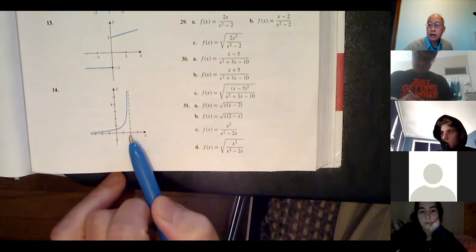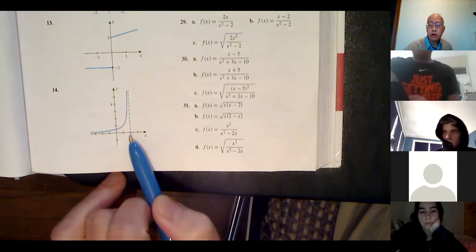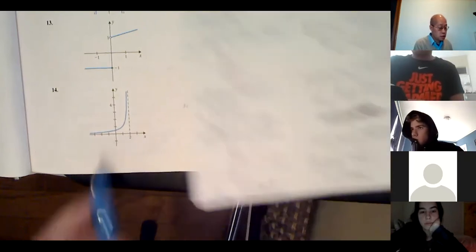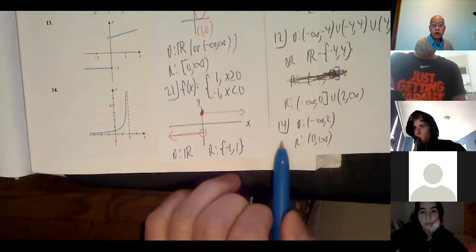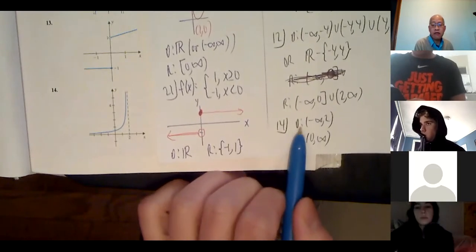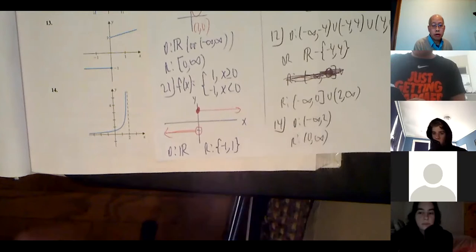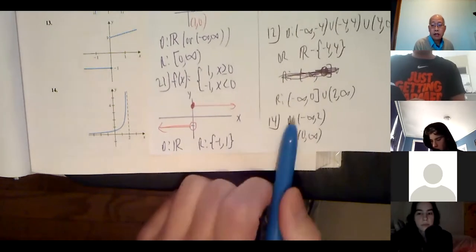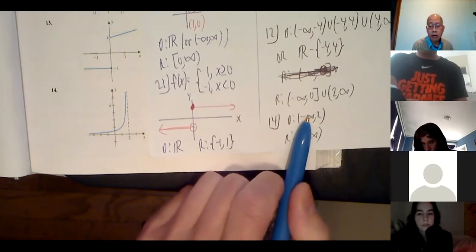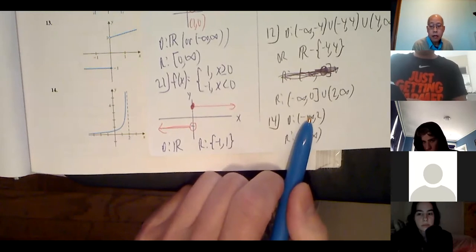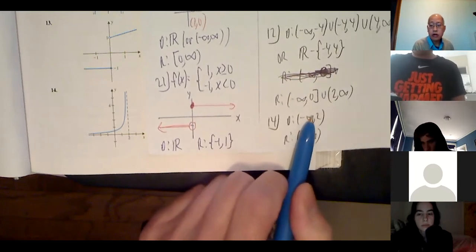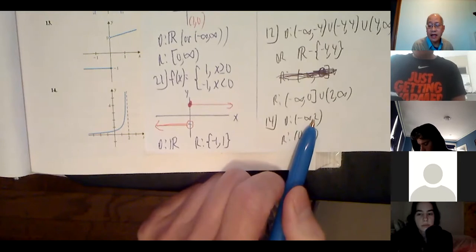No, it does not. So when I put the 2, it's going to be in parentheses. For 14, the domain is parenthesis negative infinity, comma 2 parenthesis. The parenthesis means I don't actually count the 2. So not quite 2, but 1.9999999 is there.